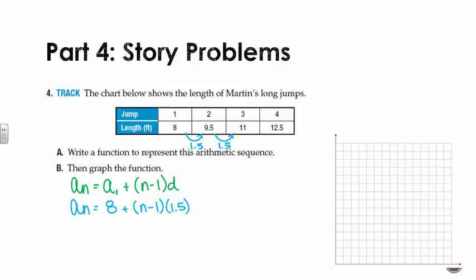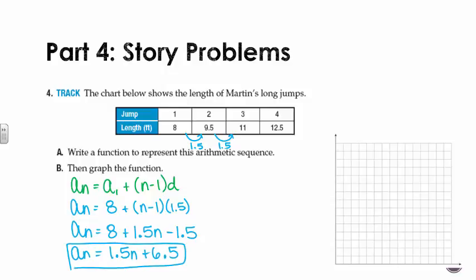Now because we need to graph this, it's going to make a little more sense to either use the points on the table or convert this. We can turn this into a prettier function if we distribute. So distribute the 1.5 to both things in there, and then we can combine like terms. If you do 8 minus 1.5, you get 6.5.